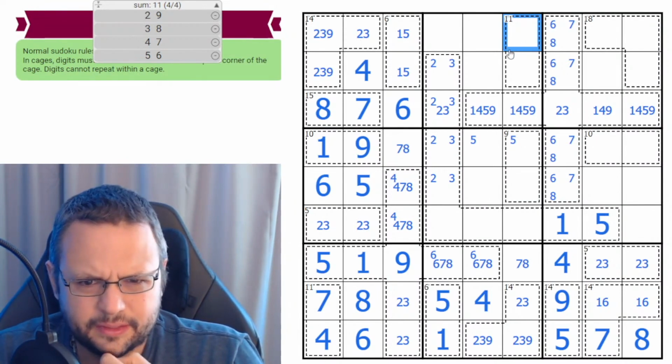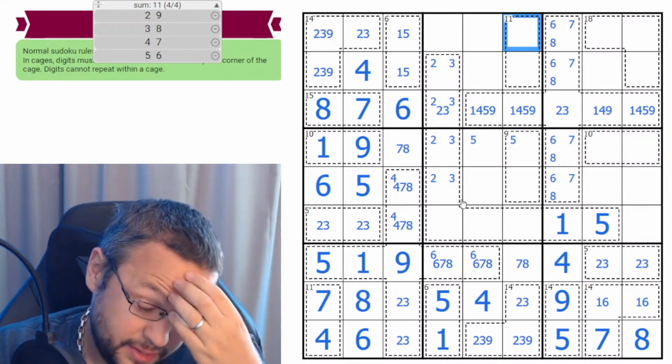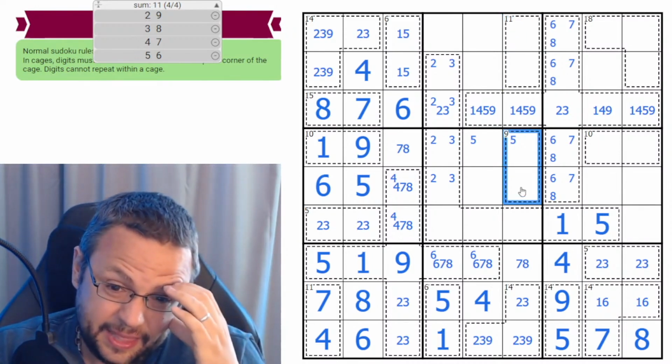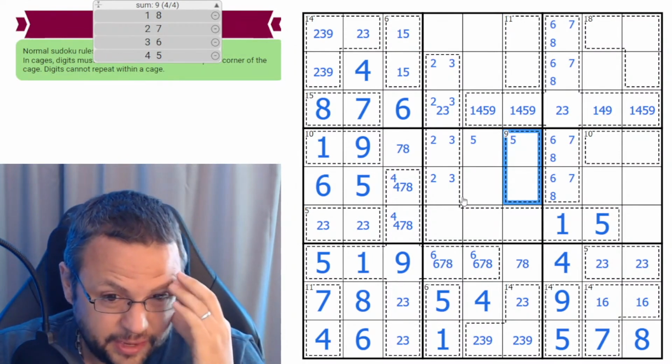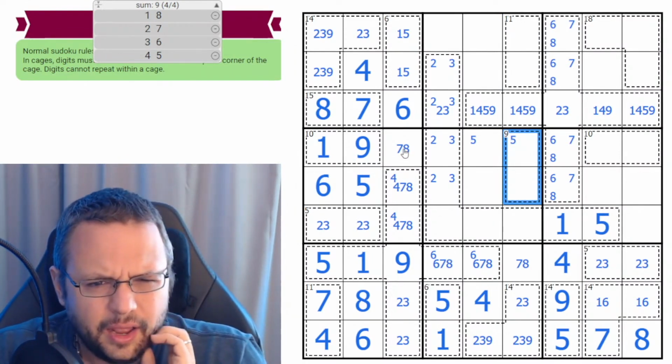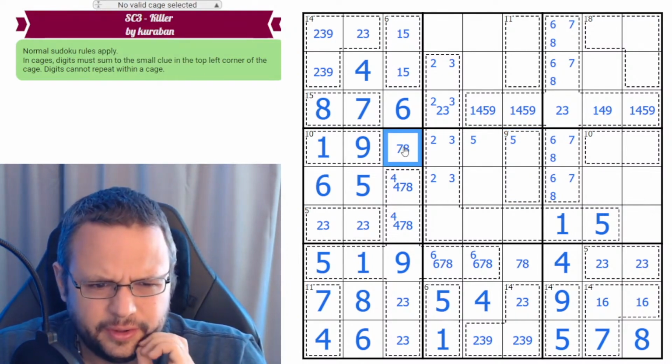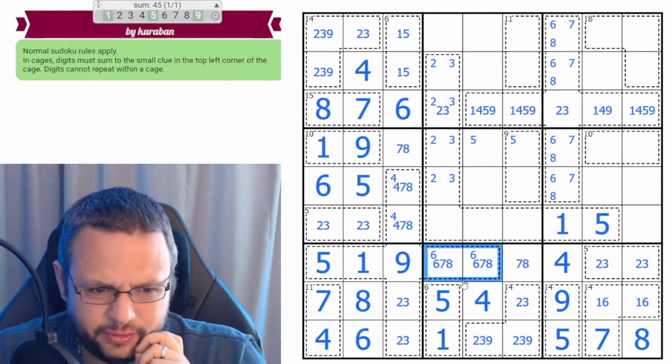I don't think I gain anything by combining these two cages. Okay. Recollect, this 7-8 is one of these two 7-8s.